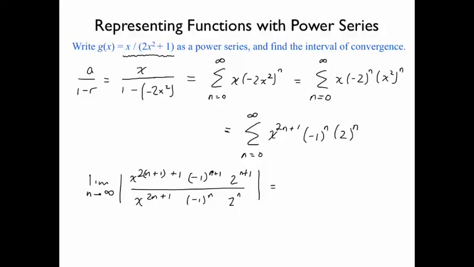So that limit, this is going to go away. That limit is going to be, that'll just be 2, and I think we're going to have x squared, right? It's going to be 2n plus 3 and 2n plus 1. So we end up with 2 more x's on the top, so we get 2x squared.